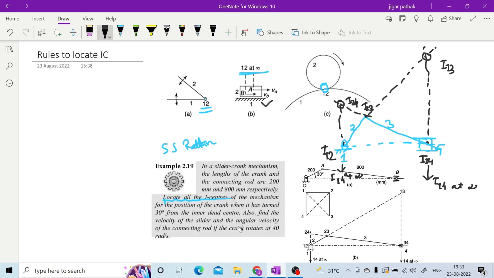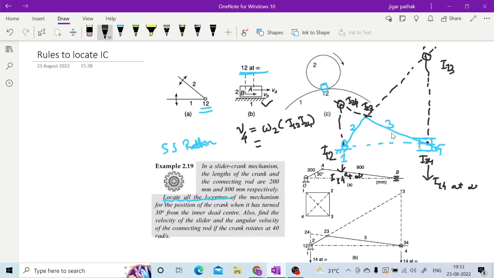So what you are asked is to find the velocity of the slider, that is V4. The velocity of the slider can be found from the omega of link 2 and the distance I12 to I24; whatever that distance is, you can calculate this linear velocity.